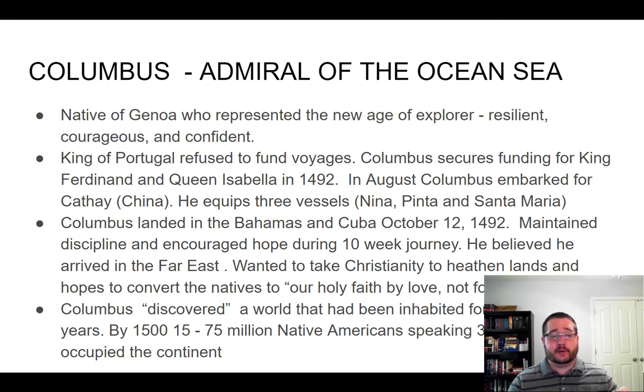Okay, so Columbus discovered a world, like we mentioned earlier. There were people who had gotten there before, a world that had been inhabited for 12,000, 40,000 years, scholars say. Some people say 8,000. There's a lot of debate on the date range. Let's suffice it to say that there were people in the Americas for a long time before Columbus got there.